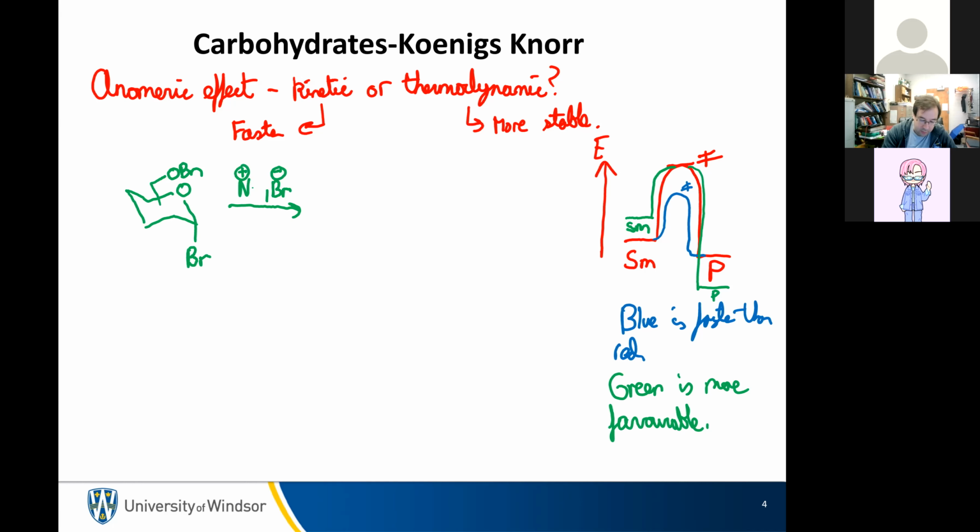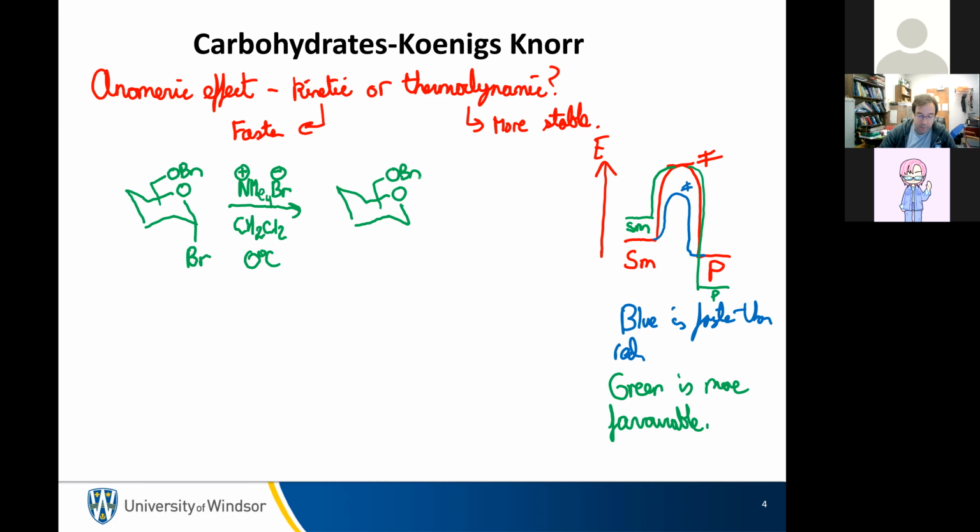Let's use tetramethylammonium bromide: nitrogen, four methyl groups around it, Br minus, dichloromethane as solvent, 0 degrees Celsius. My nucleophile is bromide, my leaving group is bromine.